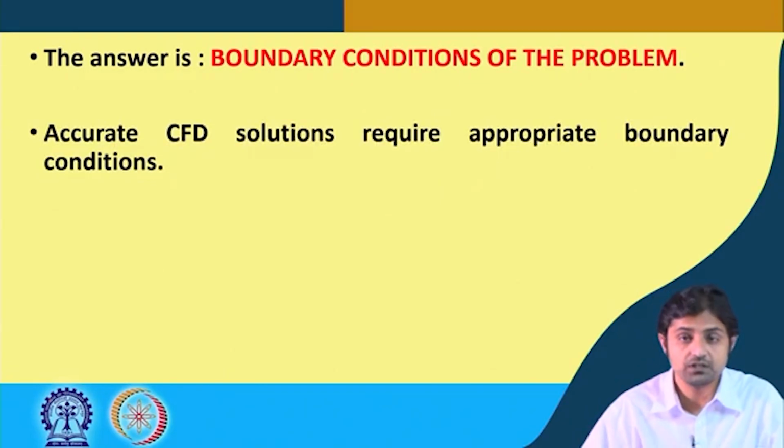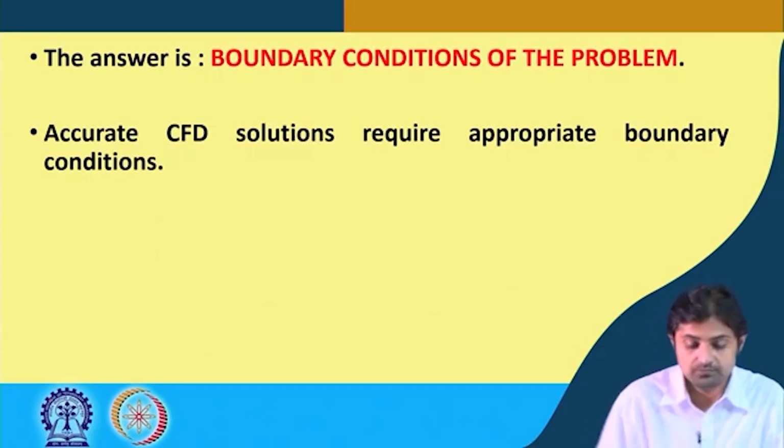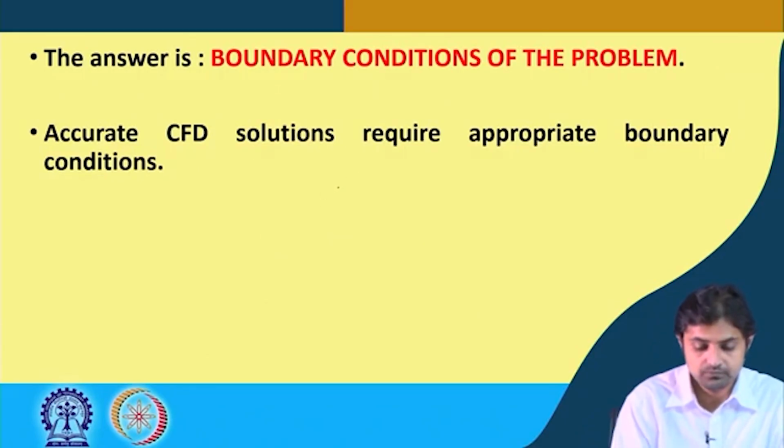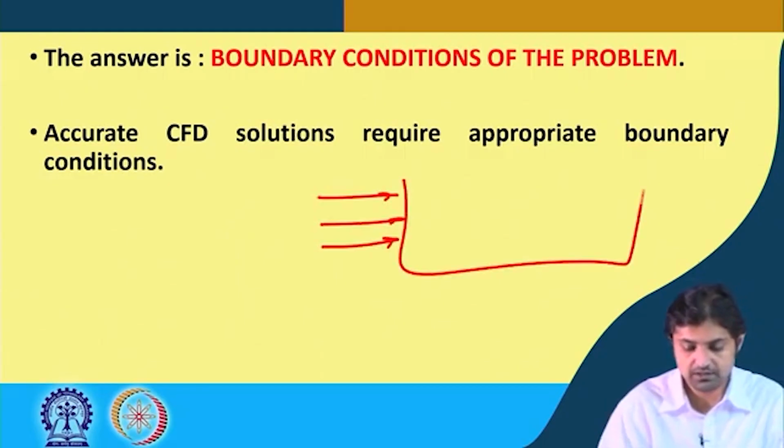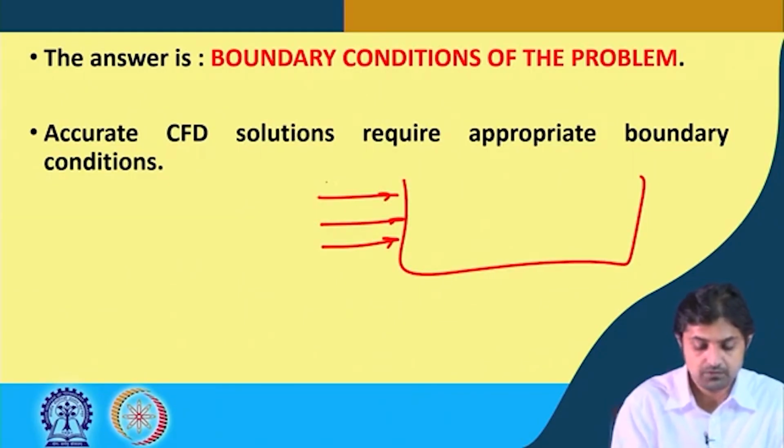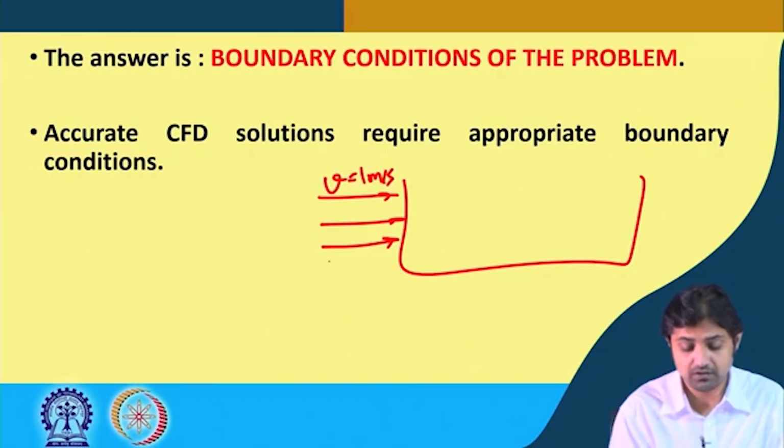So, boundary conditions, I will tell you what that is. For example, if the flow is occurring right in a tank itself, the velocity is 1 meter per second, continuously occurring, right. So, this is one boundary condition.